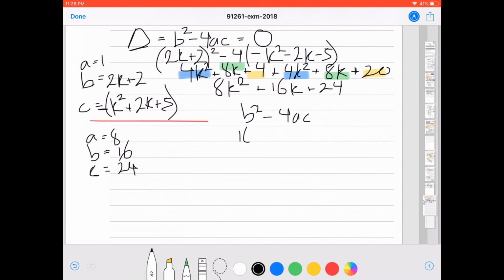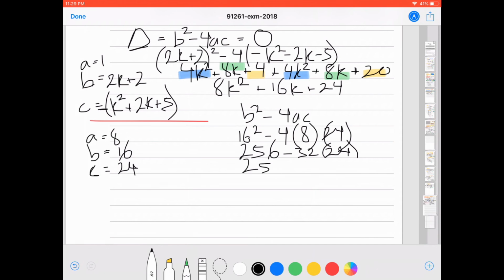We've got 16 squared minus 4 times 8 times 24. 16 squared is 256. 256 minus 32 times 24. 32 times 24 is 768.